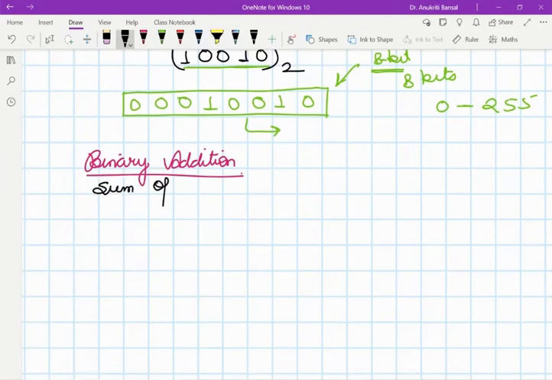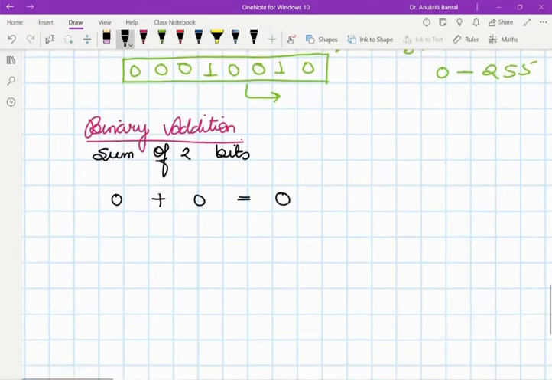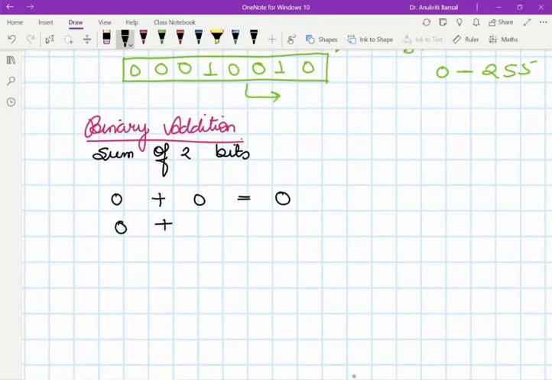Suppose we have only bits in the binary number system. So, the sum of 2 bits: if we add 0 with 0, the output will be 0. If we add 0 with 1, the output will be 1. 1 plus 0 is 1. 1 plus 1 is 0: the current step bit is 0, and the carry to the next step is 1.